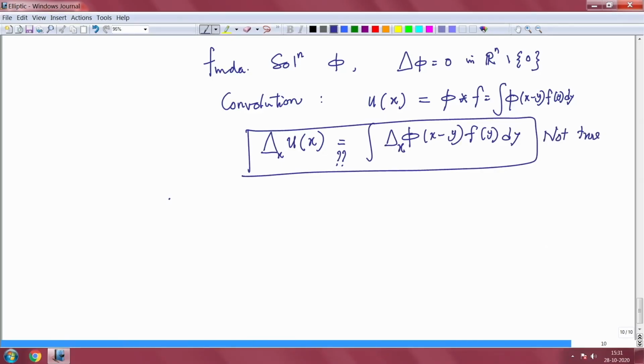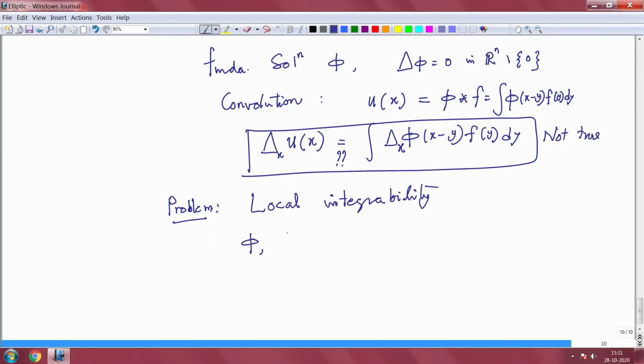The problem is, to do such things you need what is called local integrability. So, I am going to discuss local integrability. I will give this as an exercise, but we will explain something.